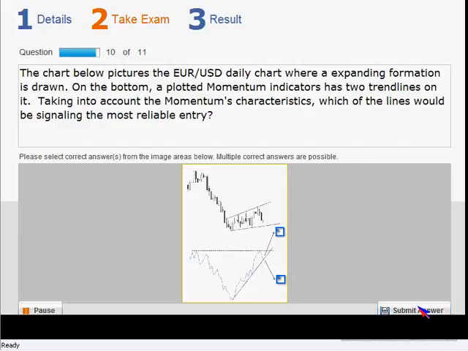That is, a break of this upper line or a break of the B line. This is the B and this is the A. Which line break, taking into account that we have here an expanding formation and a first down leg, which of these breakouts would be the most reliable signal in this case?